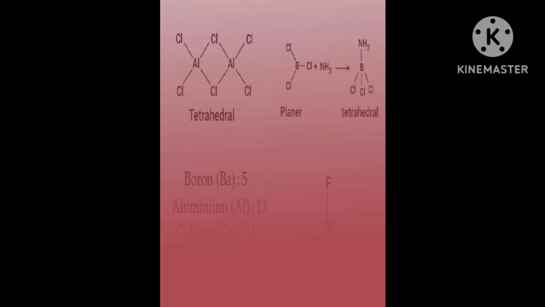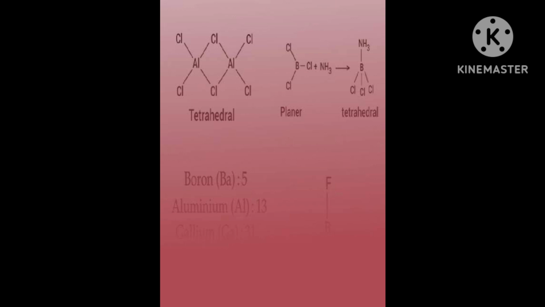However, concentrated nitric acid renders aluminum passive by forming a protective oxide layer on the surface.